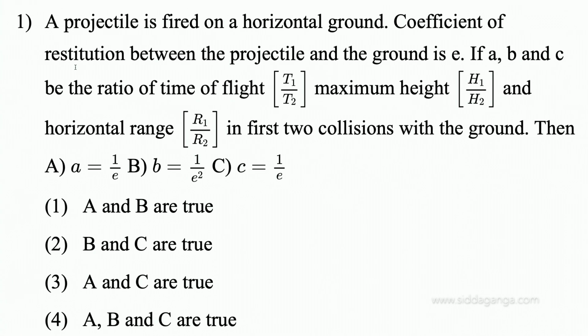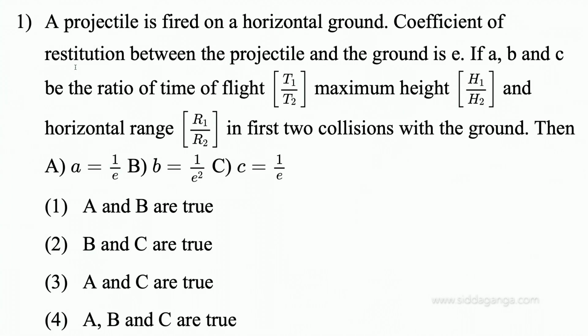If a, b, c are the ratios of the time of flight, maximum height, and horizontal range in the first two collisions with the ground, then a is equal to 1 by e, b is equal to 1 by e square, c is equal to 1 by e. Now let us see which one is true, whether a and b are true, or b and c, or a and c, or a, b, c all are true.